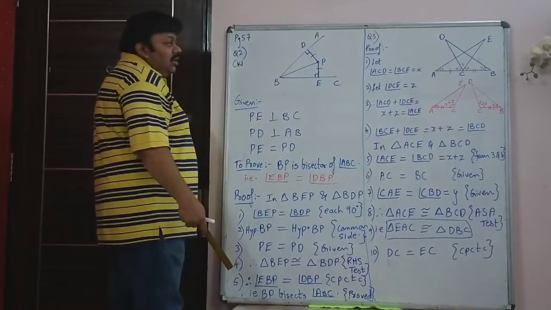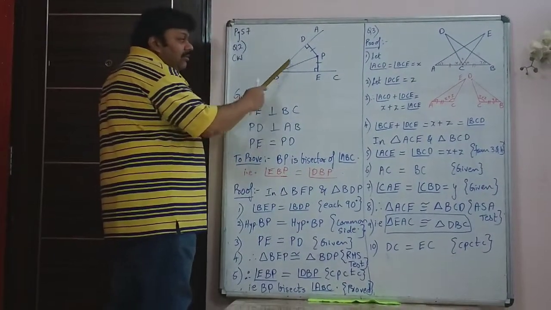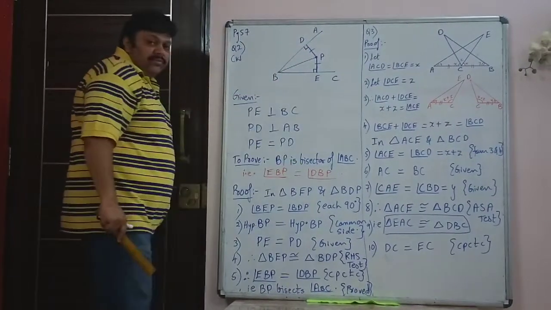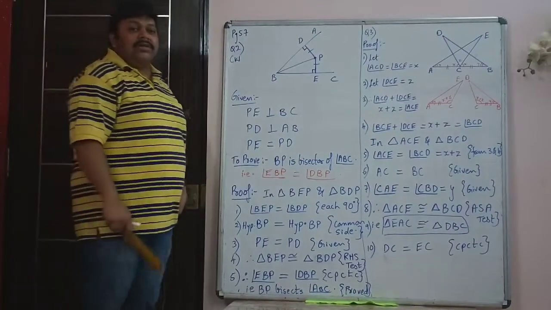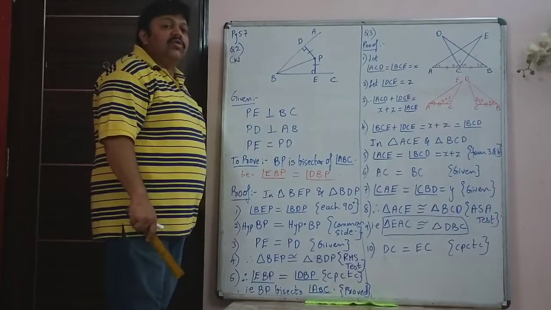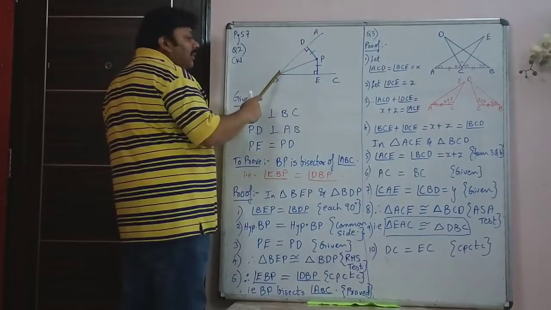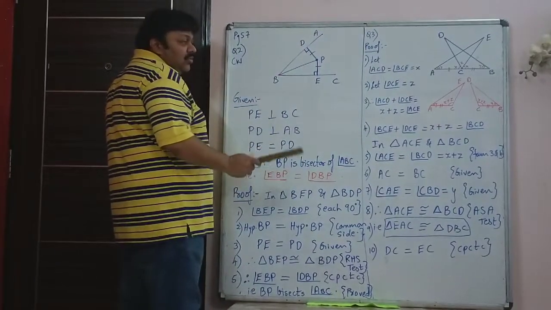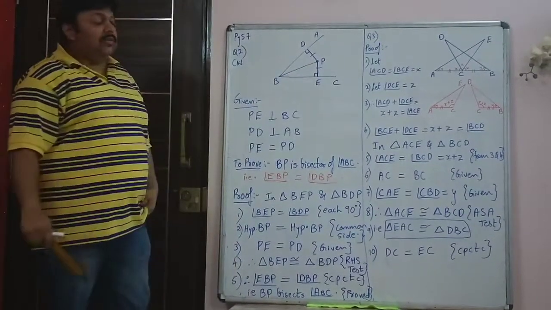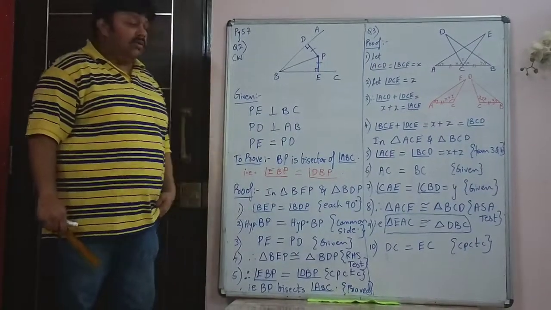You need to prove that BP bisects the angle ABC, which means it divides the angle into 2 equal parts. That means you have to prove angle ABP equals angle CBP.